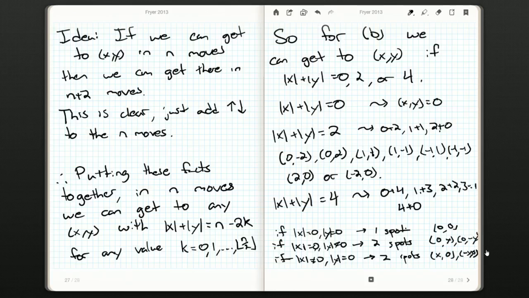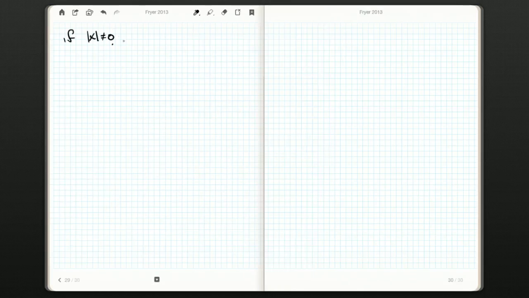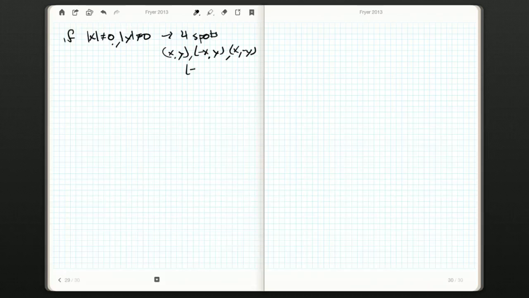And then finally, if the absolute value of x is not equal to 0 and the absolute value of y is not equal to 0, we'd have 4 spots we can get to: (x, y), (-x, y), (x, -y), (-x, -y). Okay, so that might make things a little easier.